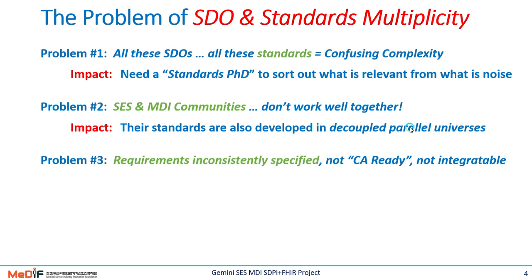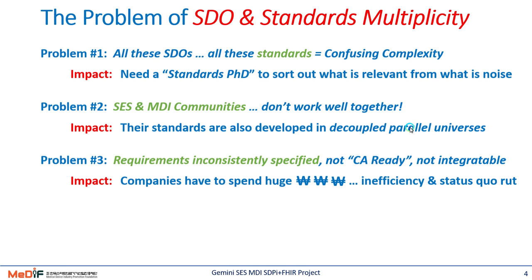They're not integratable. We'll talk more about that in a minute. Impact: companies have to spend large amounts of money to be able to tackle standards-based interoperability. That results in inefficiency. It doesn't have to be this hard. And a status quo rut.